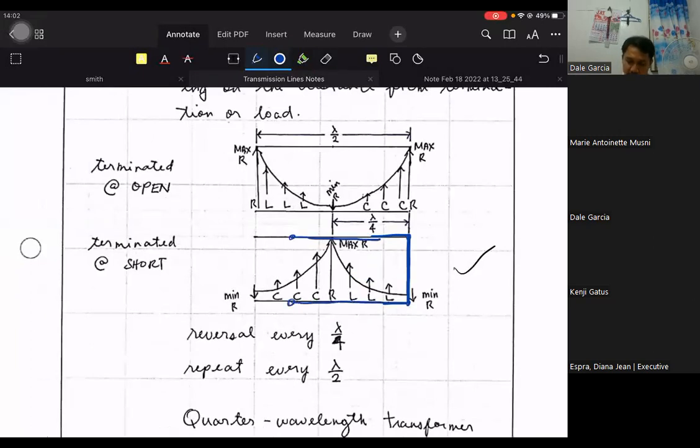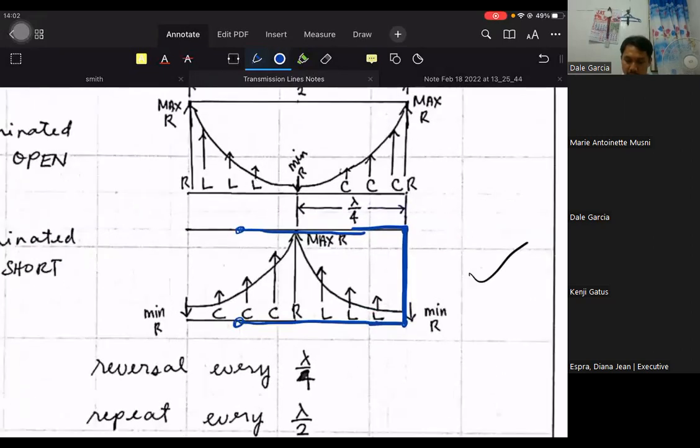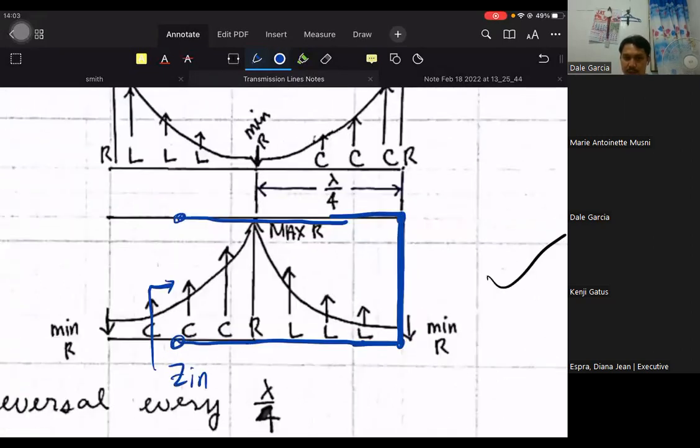Its input impedance is capacitive. It is read from left to right, since we read the input impedance on the left part.